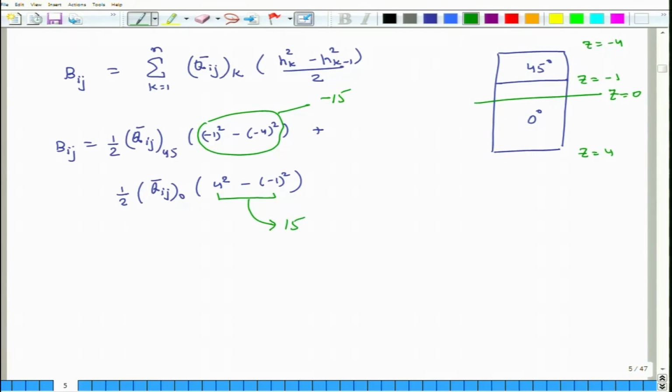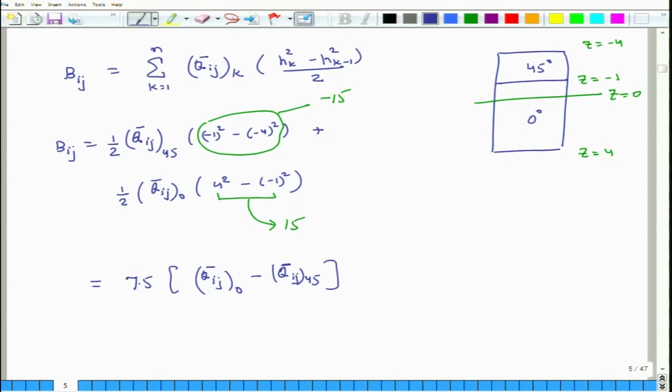When I divide it by 2 it is 7.5. So, this works out to be 7.5 times (Qij bar for 0 minus Qij bar for 45).